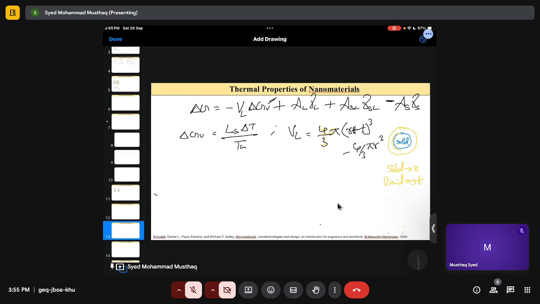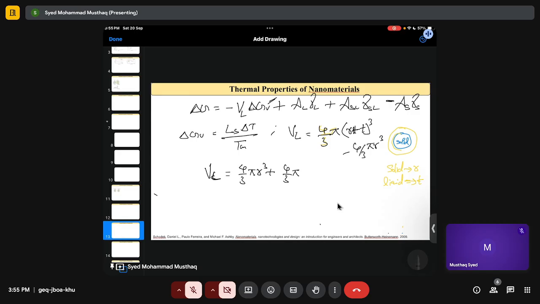Simple. Now VL will be equal to 4 by 3 pi R cube plus 4 by 3 pi. Am I doing right? Yeah, that's it. So the bigger sphere minus the inner sphere, then I will get the volume.